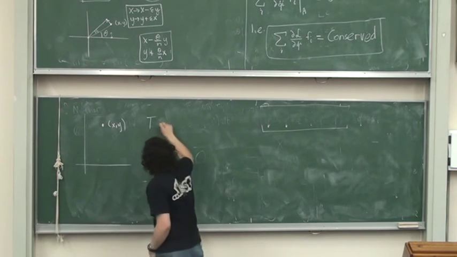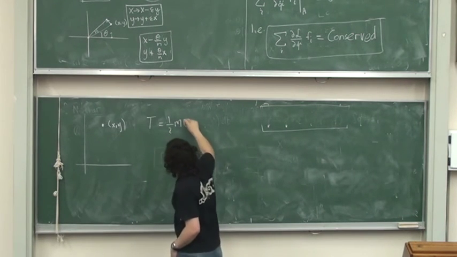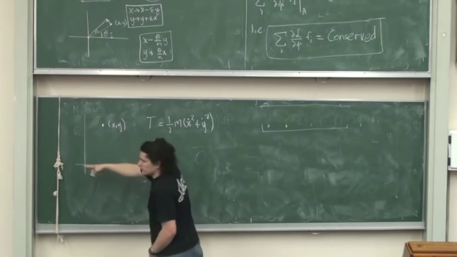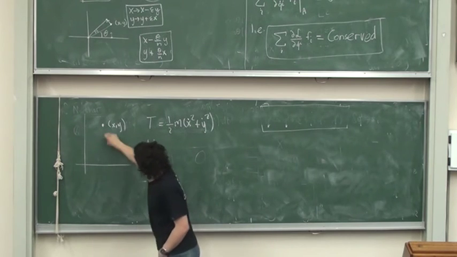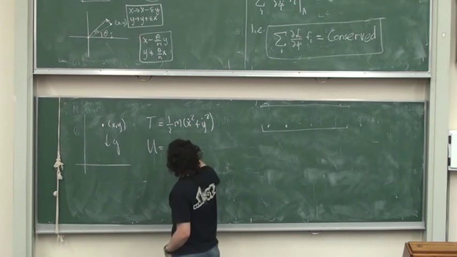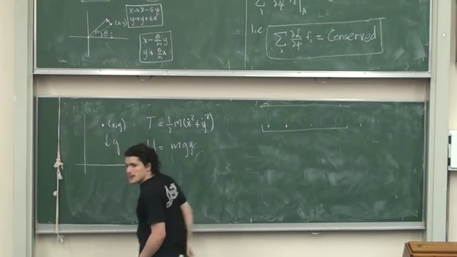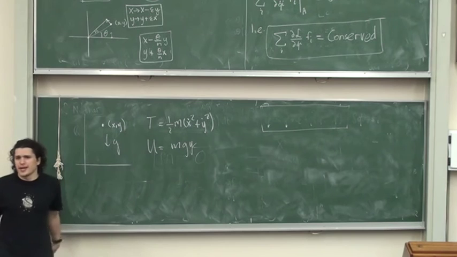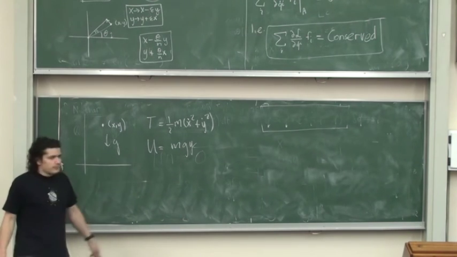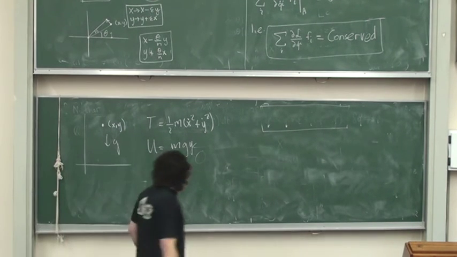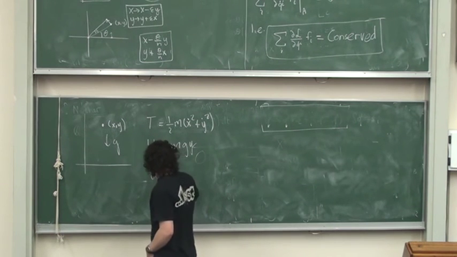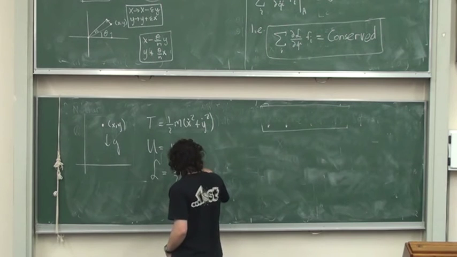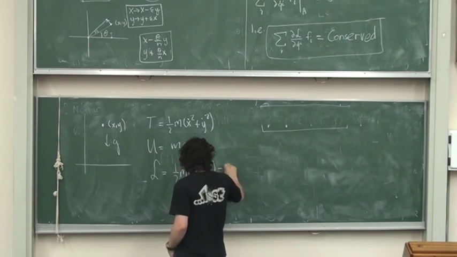The kinetic energy is a half m (x dot squared plus y dot squared). The potential energy, if we assume that there's a gravitational field here, is mgy. That's a two-dimensional problem. I don't think I'm adding another dimension or any extra pizzazz to the problem. Right, so the Lagrangian looks like a half m (x dot squared plus y dot squared) minus mgy.